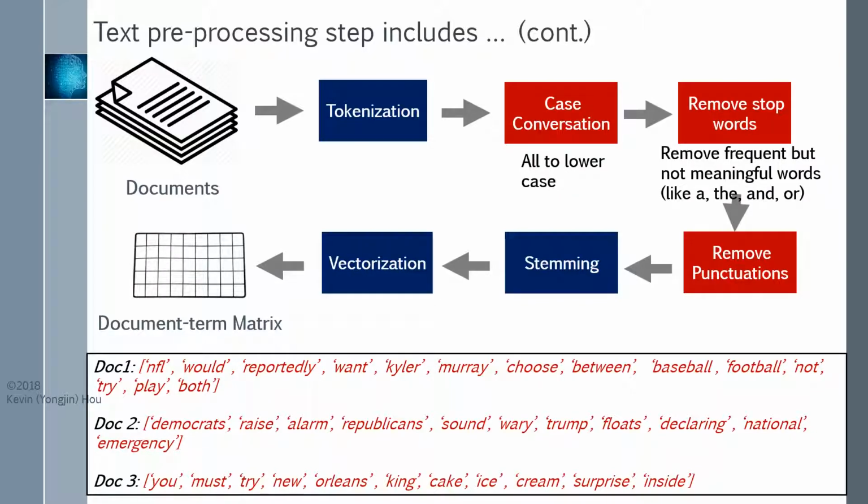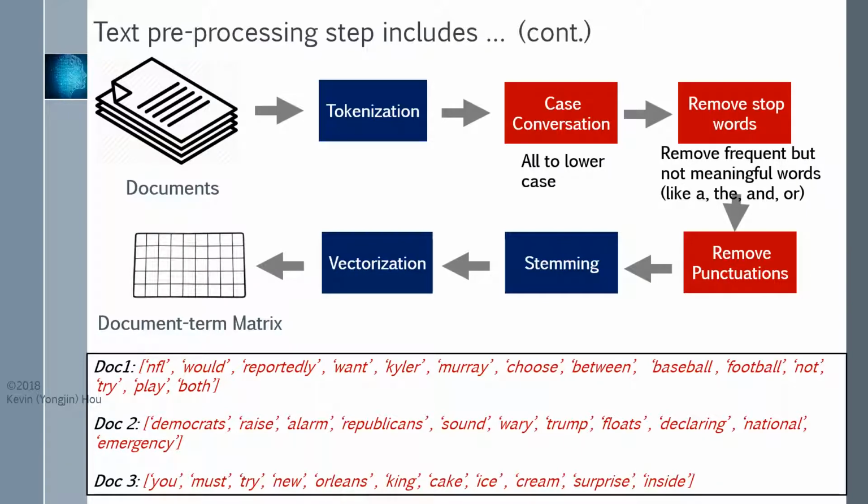The following three steps, we just combine them together. Case conversion, pretty simple. Convert all the cases to lowercase. And the next one is remove stop words. What are the stop words?